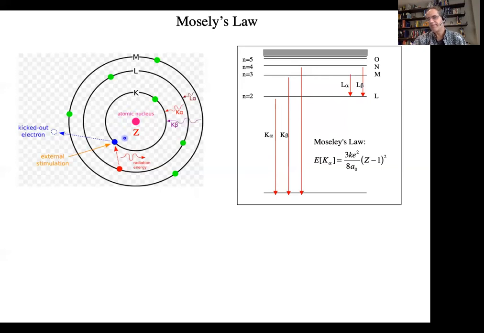It reduces it by about 1 because we have 1 electron charge here, okay? But otherwise, it's pretty much hydrogenic. So we would expect that we can predict the energy of a K alpha X-ray from our theory for the hydrogen atom with a few small tweaks, okay?